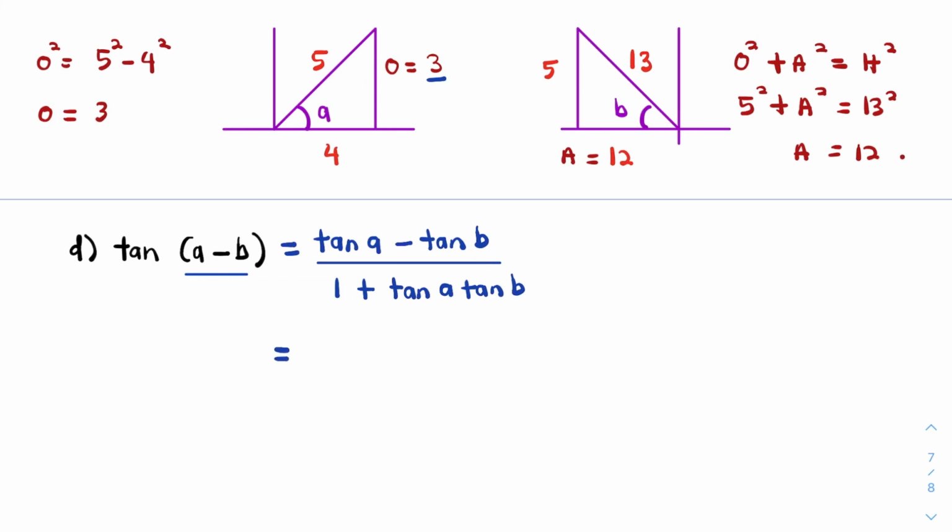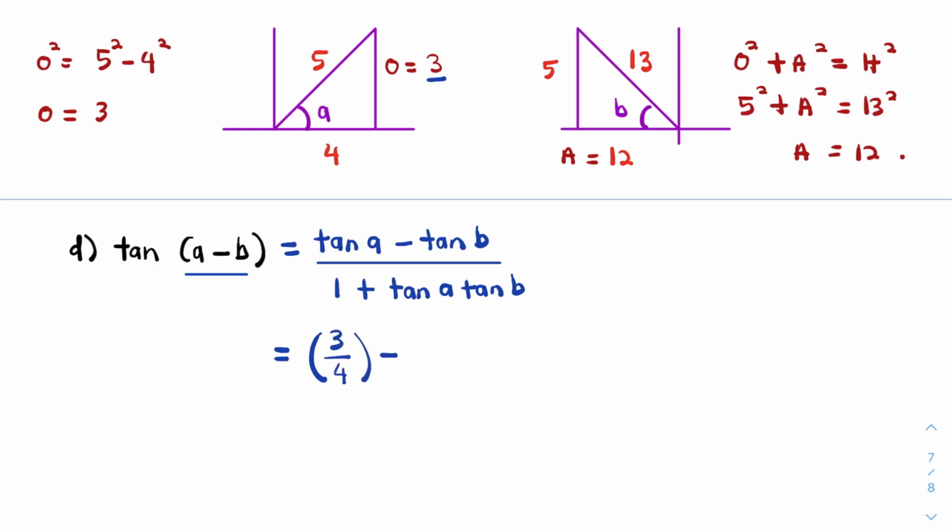For tangent A, let's look at the triangle with the angle A. Because this is quadrant 1, with add sugar to coffee all positive, tangent would be positive: opposite over adjacent, 3 over 4.